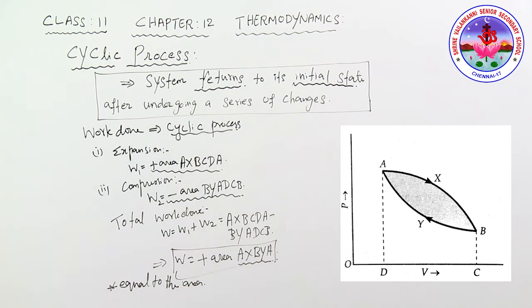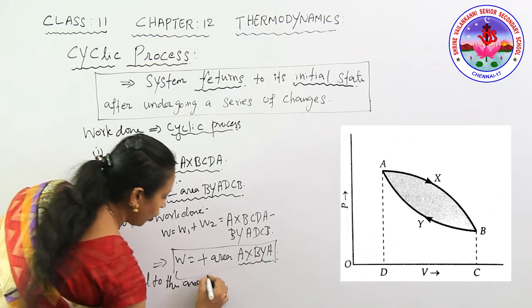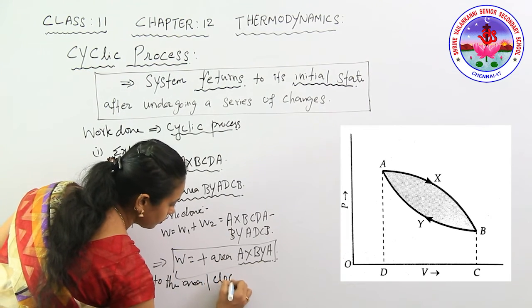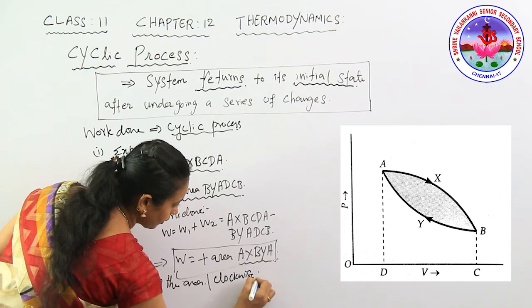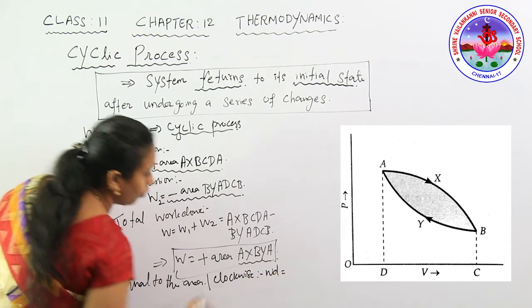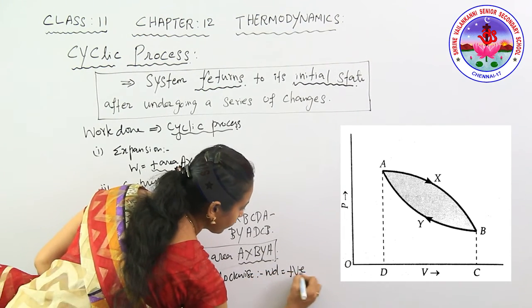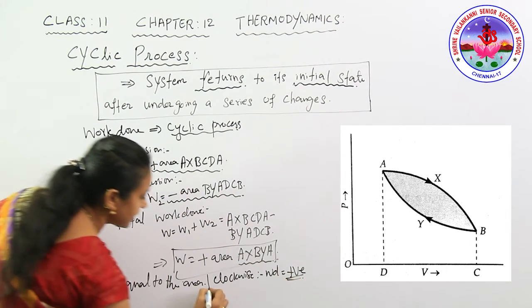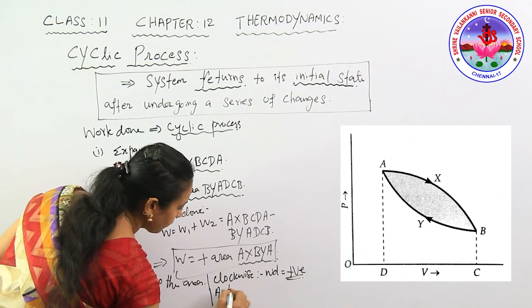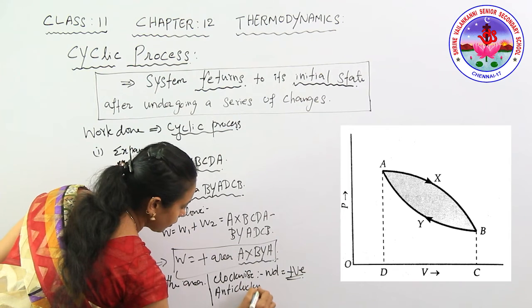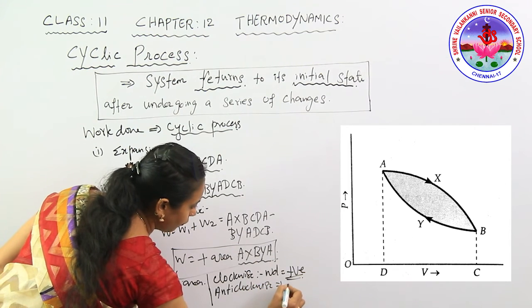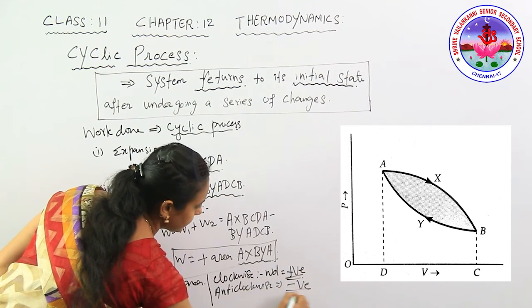And we can say that if you are tracing the loop in the clockwise direction, the work done is positive. Okay. If it is anti-clockwise, then the work done is negative.